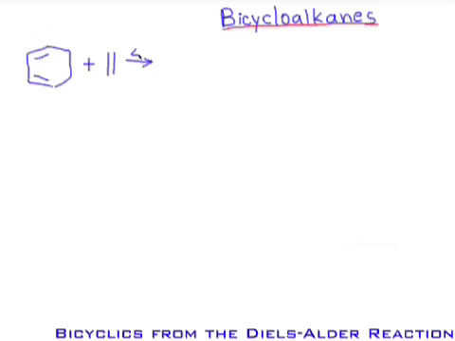Apply a little heat, and I could get a Diels-Alder reaction taking place, where those pi electrons go there, these go here, and these pi electrons attack there. What I would get would look like this. The edge on view would look something like this.